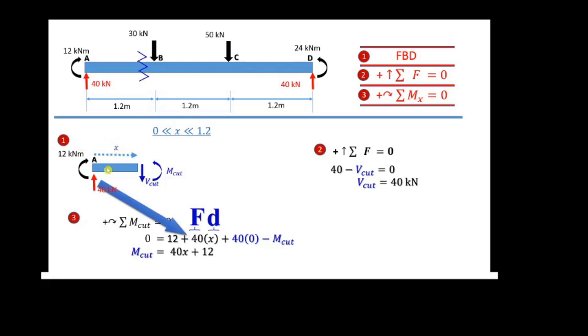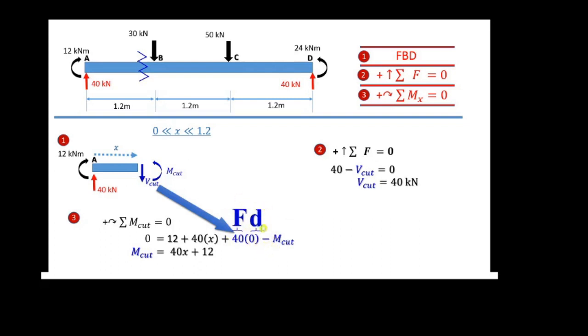Distance is x from point A to the cut point here. So 40x plus 40 V cut here. We get a value from this step, 40 multiplied with 0, so the moment will become 0 here.